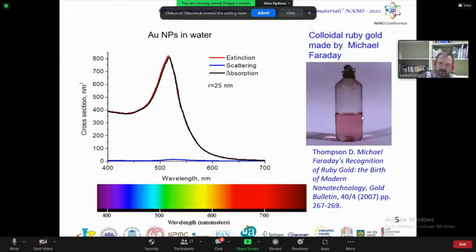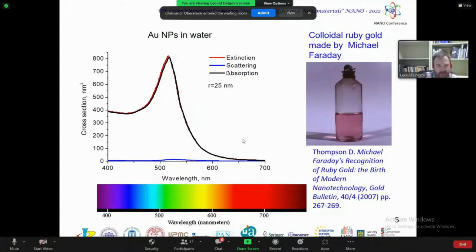Here you see a photograph of a colloid made by the famous English scientist Michael Faraday. He was fascinated by the ruby colors of these solutions, and he prepared a lot of them, and they were quite stable. These bottles stayed from Faraday's time to the Second World War without sedimentation.